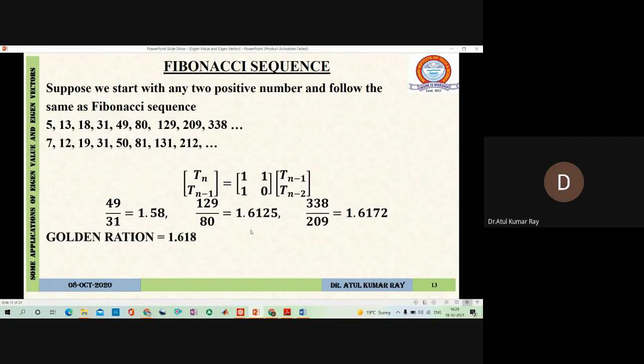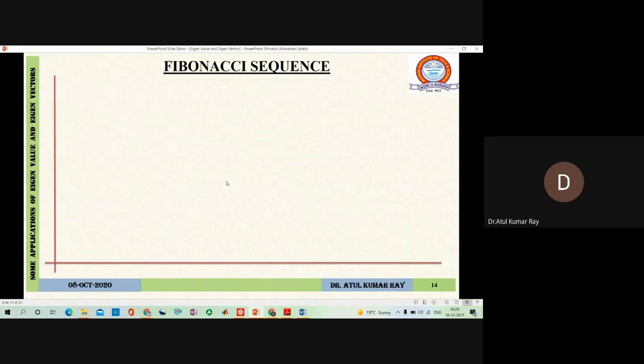And one more thing, if I plot the points, two consecutive points, I will have a curve like this, you can see. And for a longer run, you will see that it is going in one direction, which will perform as a vector.